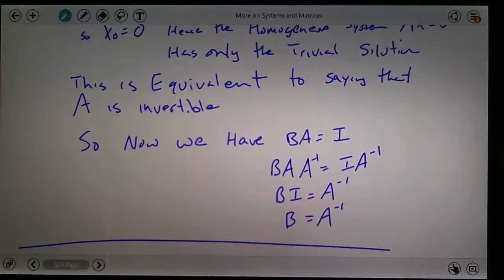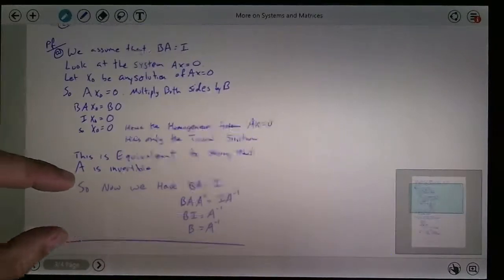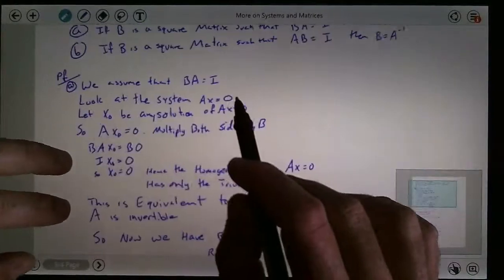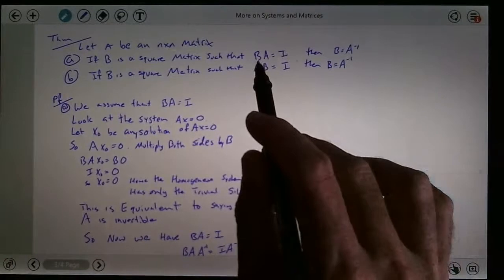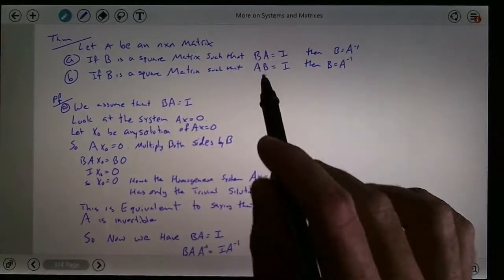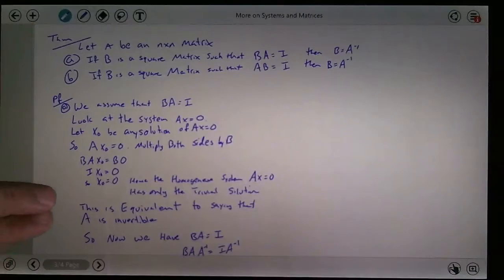So if it looks like the inverse on the left-hand side, it is the inverse. Likewise, and I'll leave this for you to do, you can make a similar argument on the right. So we proved if you have a left-hand inverse, then it is an inverse.